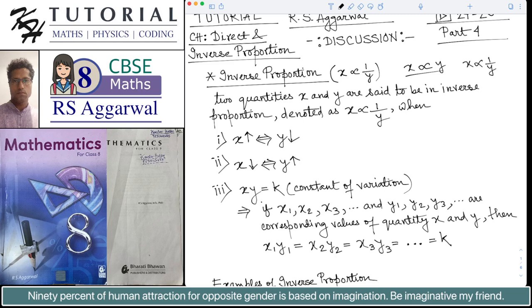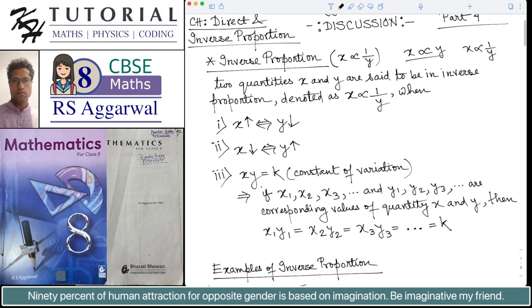Now what does it mean? Two quantities x and y are said to be in inverse proportion when these behaviors are observed when you change the value of x.